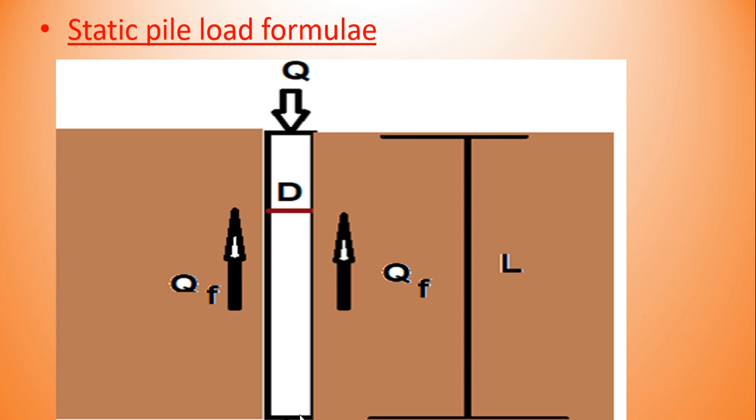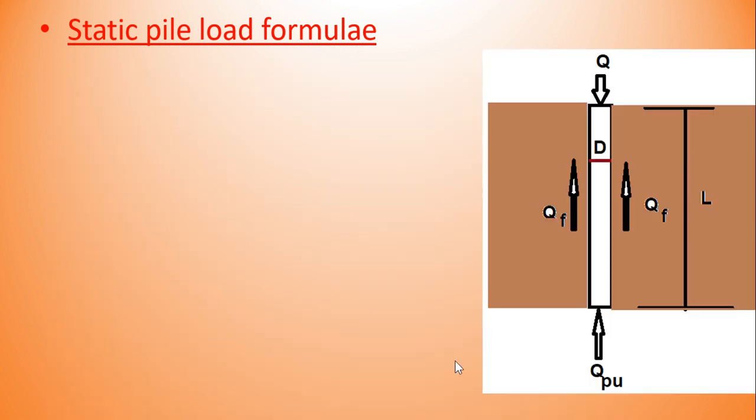This load, known as the point load, goes on increasing till the soil at the base of the pile fails by punching shear failure. The load in bearing at this stage is the ultimate point load, QPU.